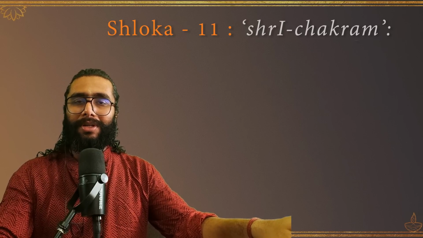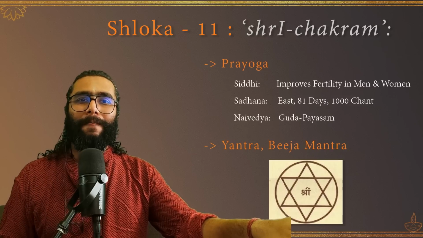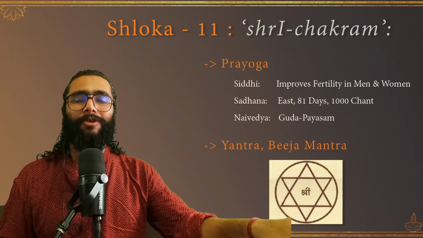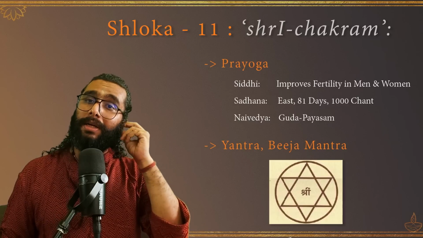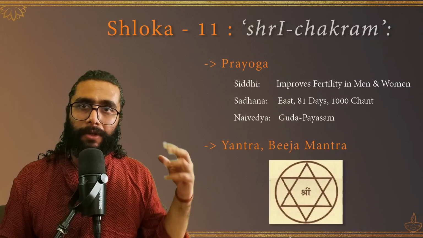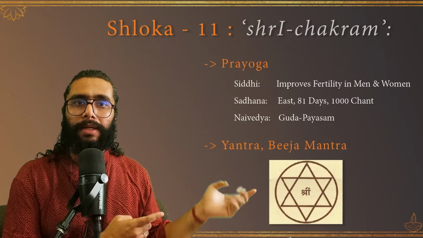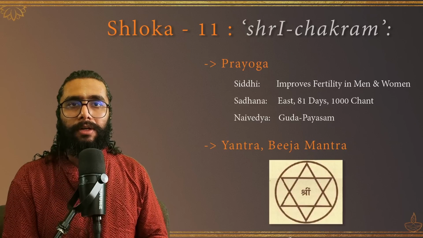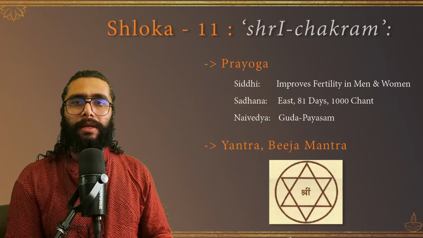Before we go into the shloka, of course, the prayoga, the siddhi that corresponds to the 11th shloka, not the Shri Yantra itself, but just the 11th shloka of Soundarya Lahari, which has this as the corresponding yantra and this as the bija mantra, has the siddhi of improving fertility in men and women.